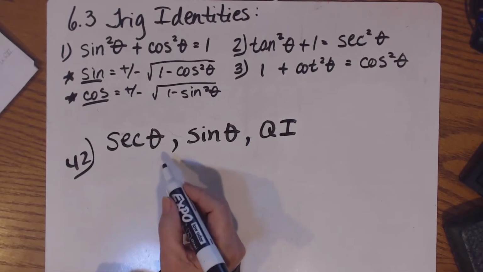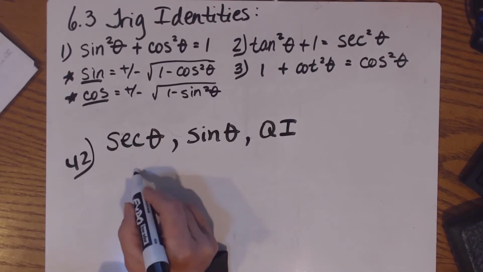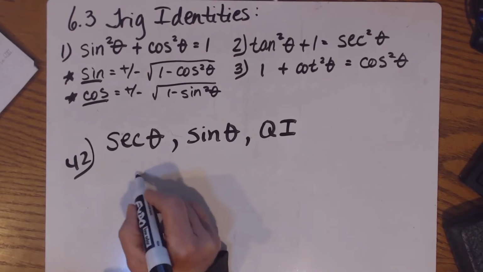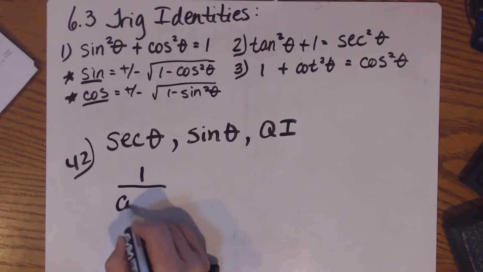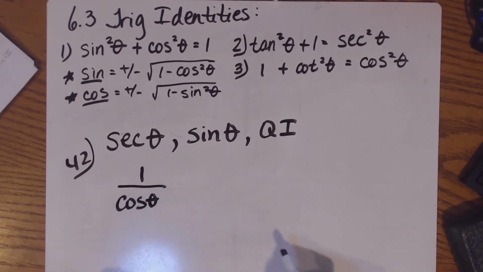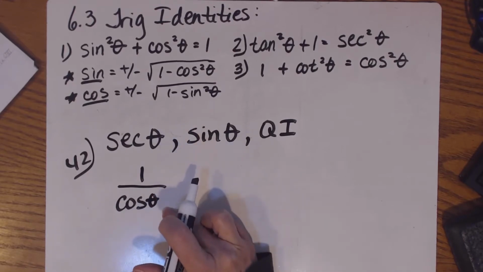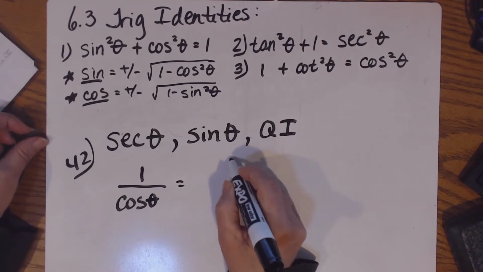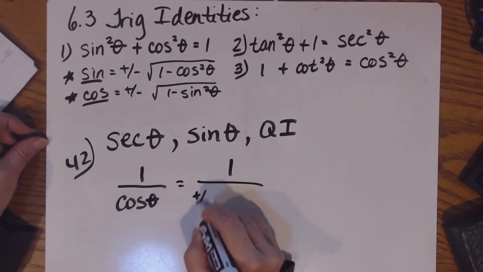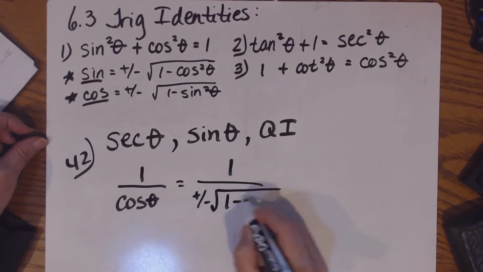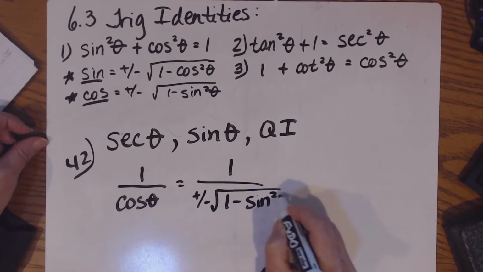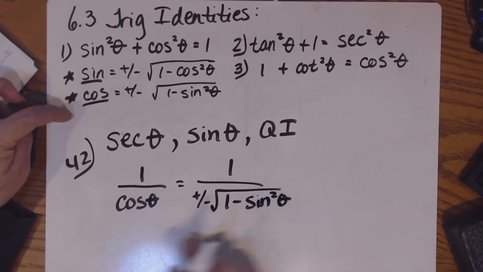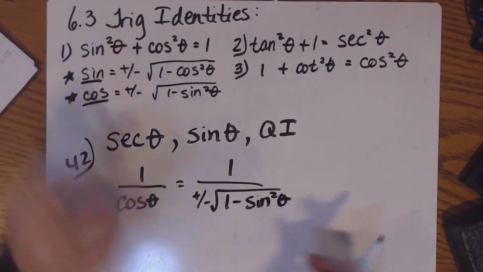I'm going to re-express this secant theta as a sine or cosine function, okay? Secant is the same as 1 over cosine of theta. And then to get that in terms of sine theta, that's the same as 1 over plus or minus the square root of 1 minus sine squared of theta, using this substitution here.